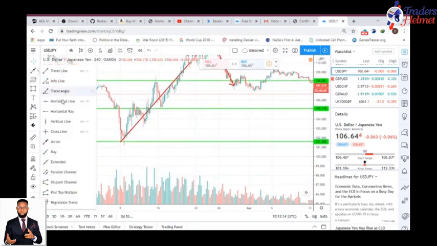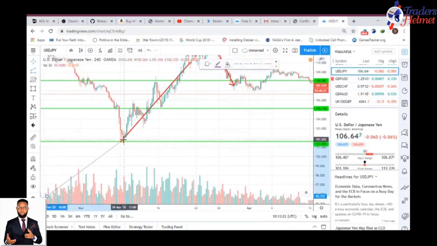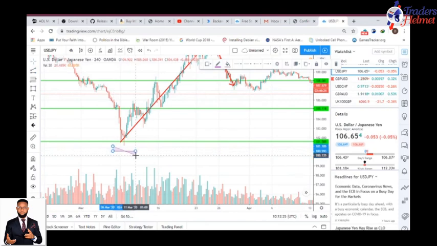Let's get our stop loss here. Okay, so our stop loss should be here. We place our stop loss here.